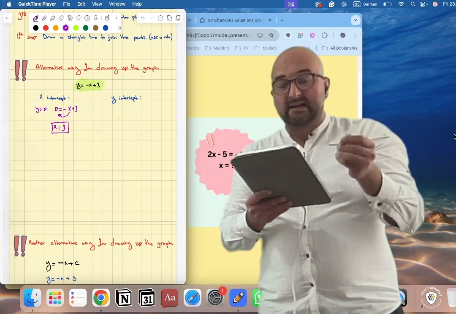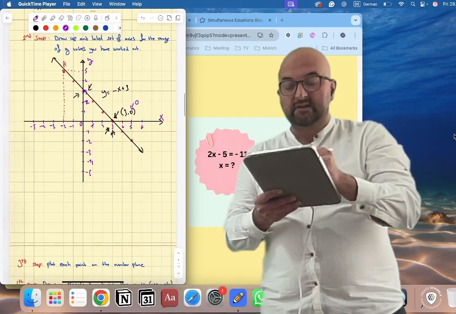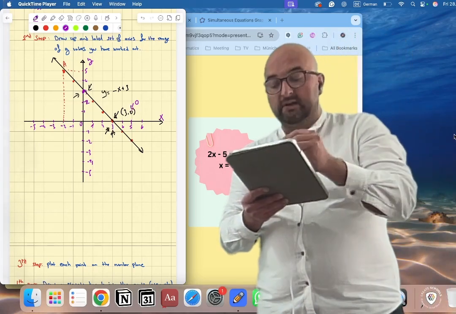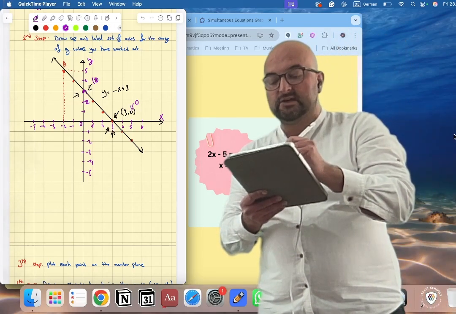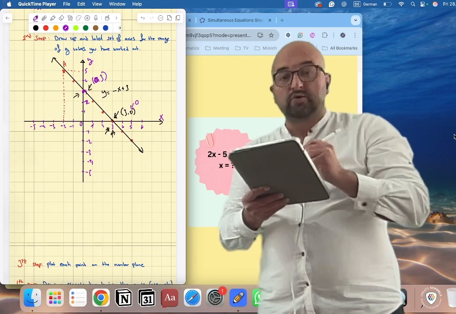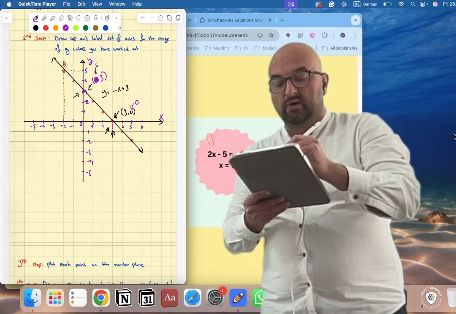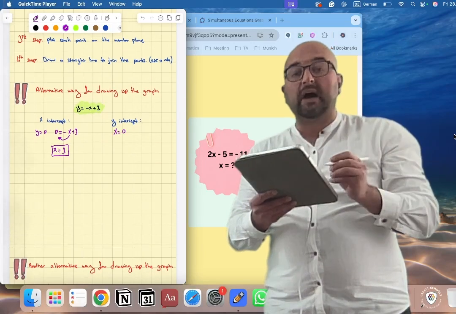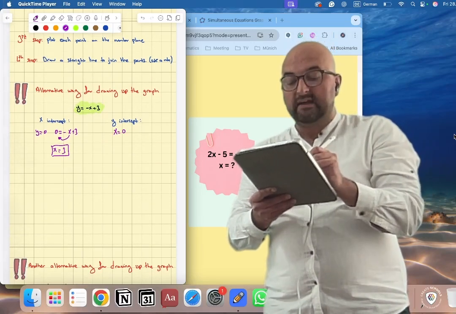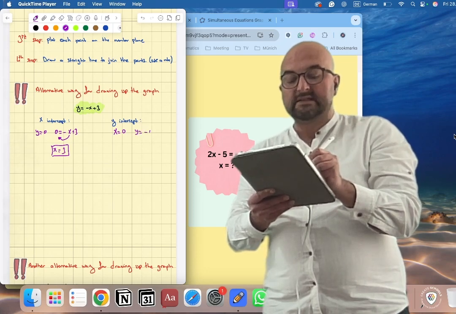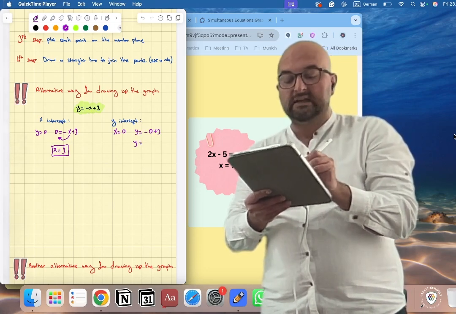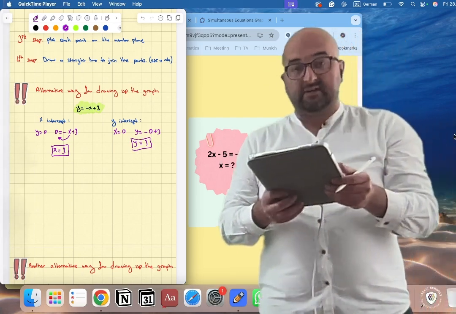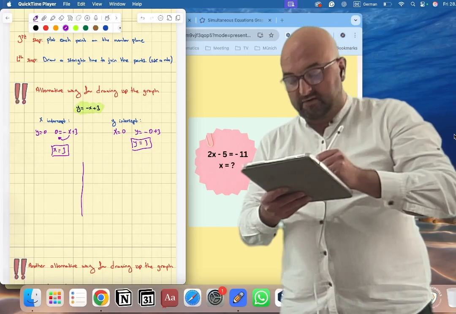And for the y-intercept, the coordinate of this point is (0, 3). It means the x value is 0. So if you write 0 replacing x, you can find the y-intercept. So y equals -0 plus 3, and y equals positive 3. So you can say the x-intercept is 3, and the y-intercept is also 3.